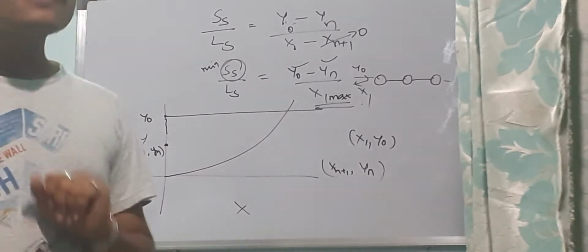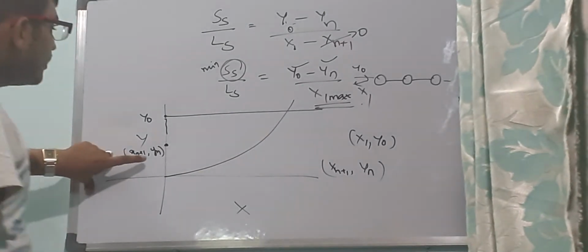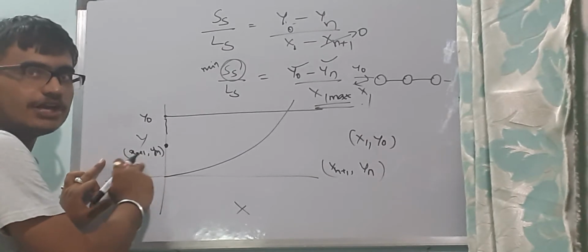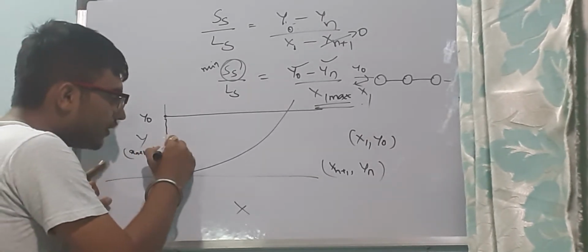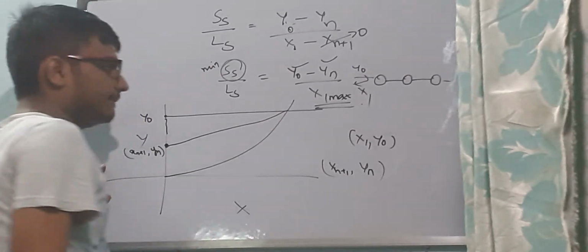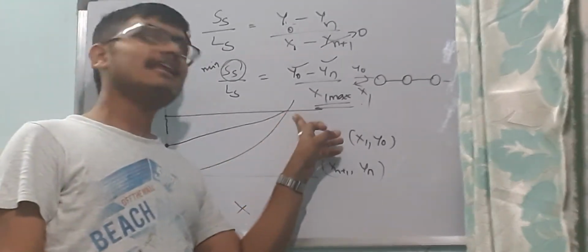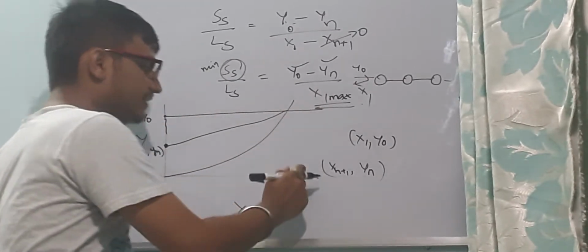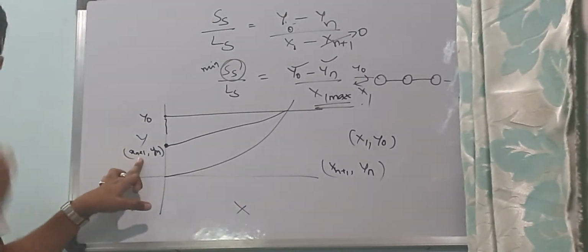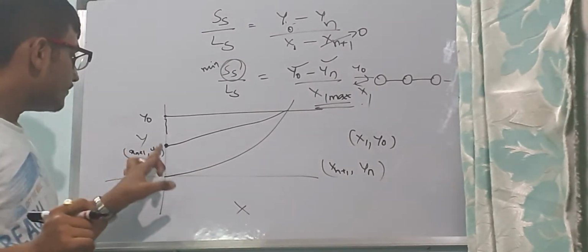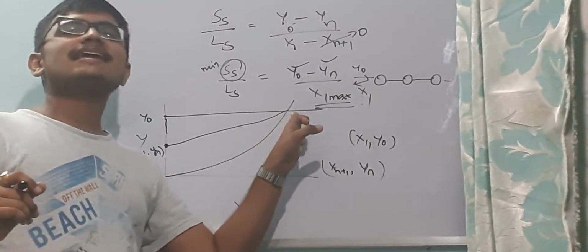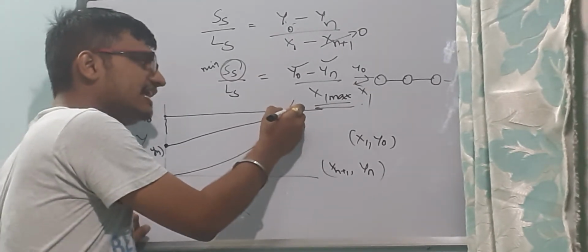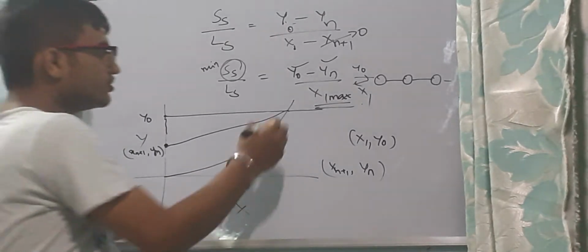Now, after drawing the straight line, plot a straight line passing through this Xn plus 1 comma Yn point. You already pointed it, right? From that point, you should draw a straight line such that it cuts this equilibrium curve as well as this line which is parallel to the x-axis, at certain points.